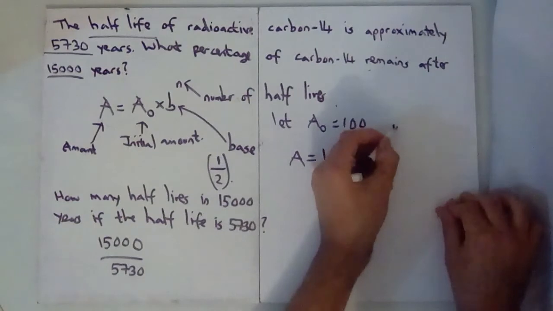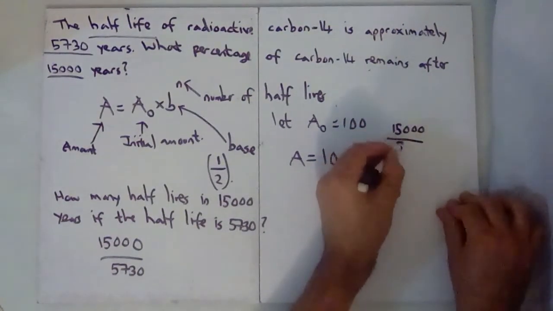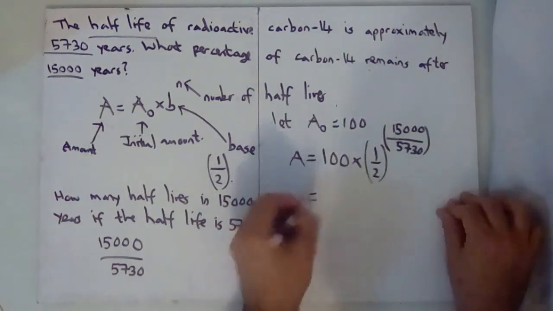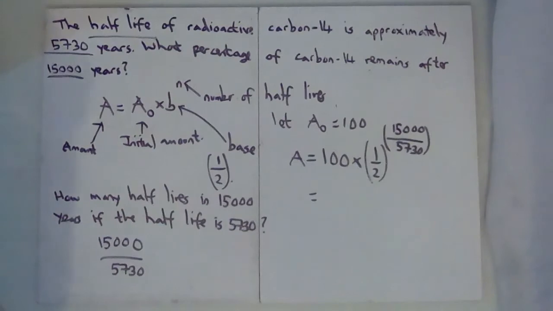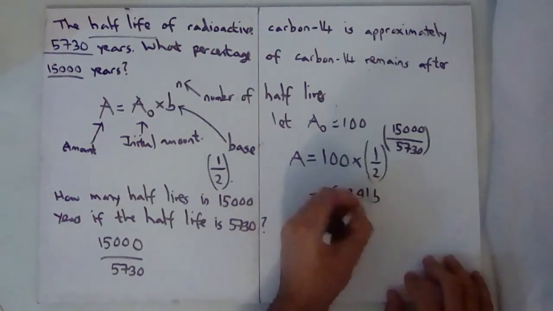So 15,000 over 5730. That's our power. We'll work that out, plug it into your calculator, and it comes up as 16.29158.